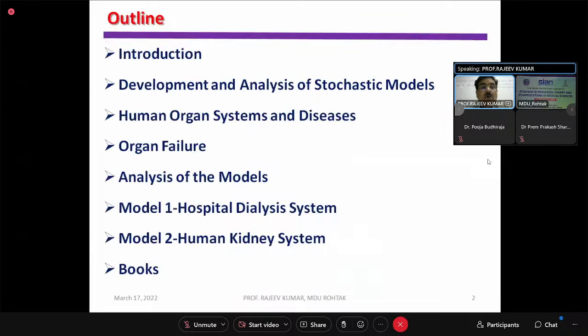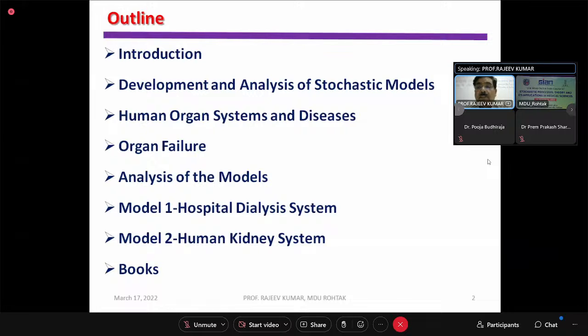The outline of my talk will be, first, the introduction, why we look for the stochastic analysis of human organ systems or hospital systems, then how we can develop the models. We should investigate the human organ systems, even if you are not of a background of the medical science.